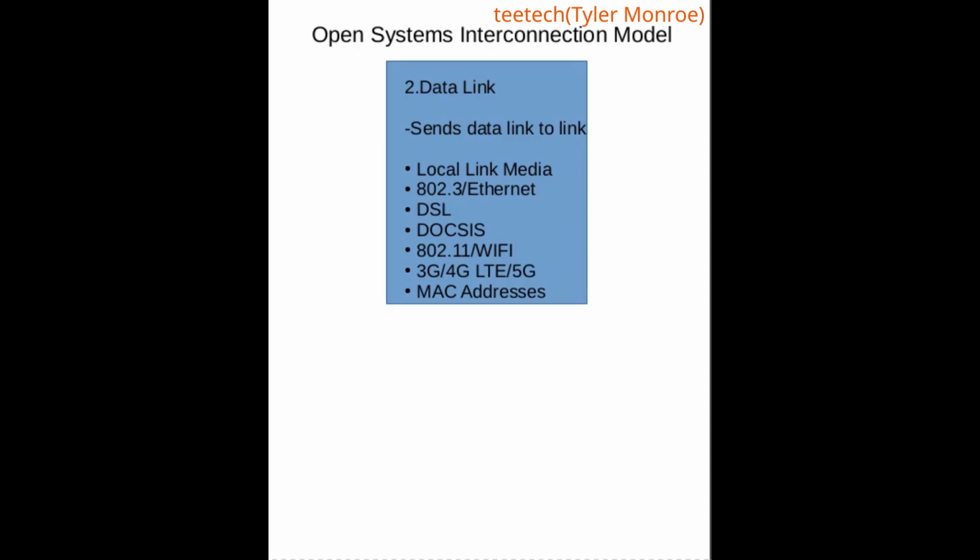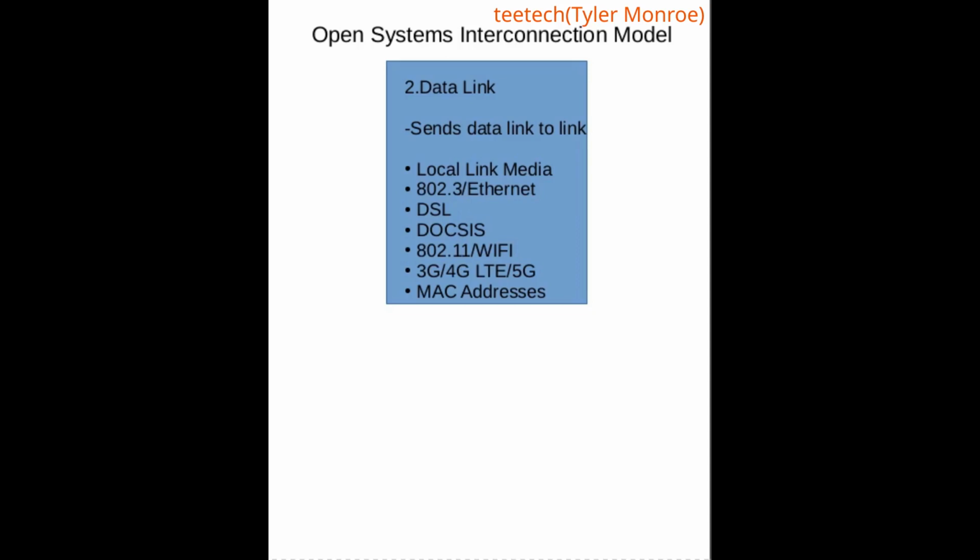But the main addressing we use here is MAC addresses. And the main thing to remember is layer 2 is where computers are communicating directly with each other. The logical addressing at layer 3, that's where networks of computers are communicating. That's why we have to have IP addresses, so the routers can send that traffic across different networks.